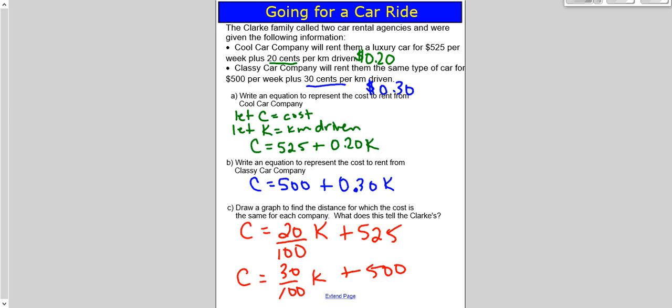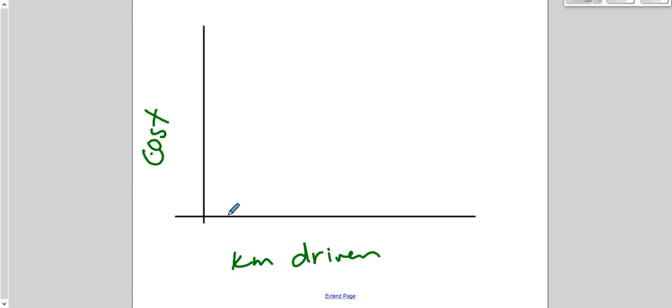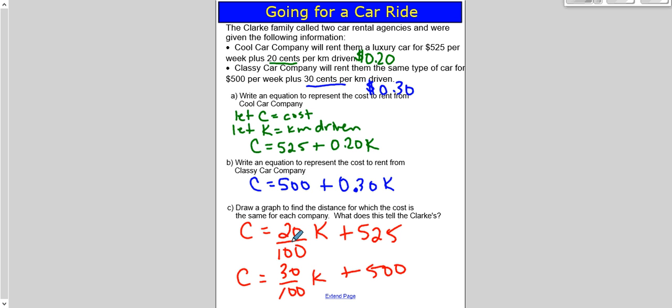So in order to accommodate that, I'm going to put this by 100s: 100, 200, 300, 400, 500, and just try to do the best that you can, 600, and so on. And then for my rise, I'm going to go by 20s and by 30s. And I also see that my y-intercepts are at 525 and 500.